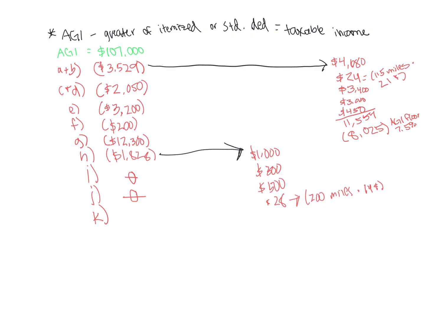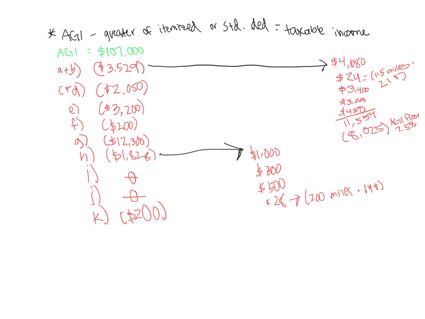And gambling losses can be deducted only to the extent of gambling winnings. So here, if we look and see what our winnings were, because our losses significantly exceeded our winnings, the most we can deduct here is $200 because that was how much Shauna won.